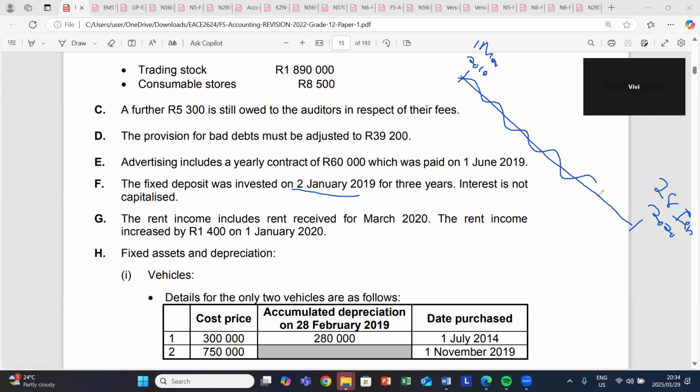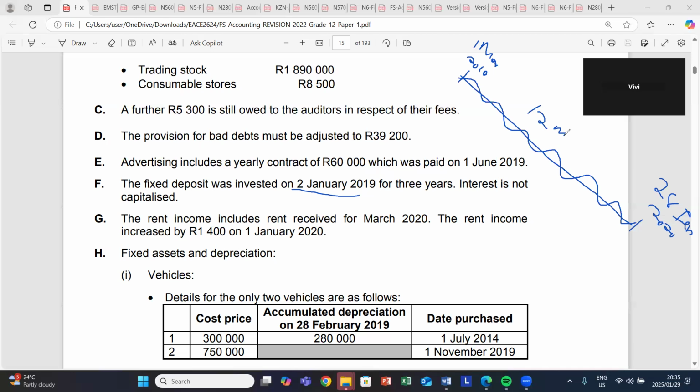So they say that we invested it for 3 years, which simply means that this year we are supposed to receive the interest for the whole period of 12 months.